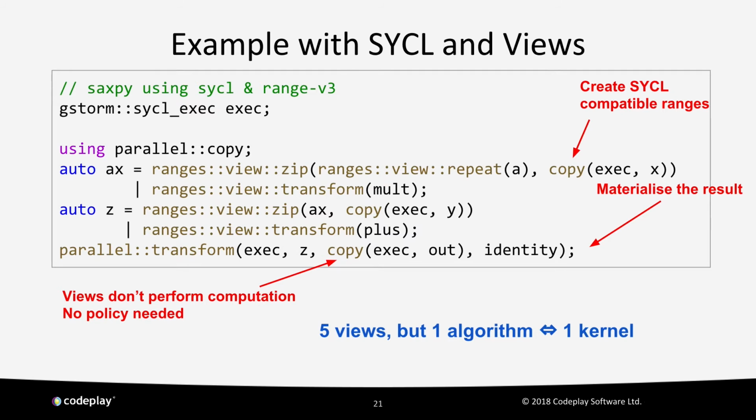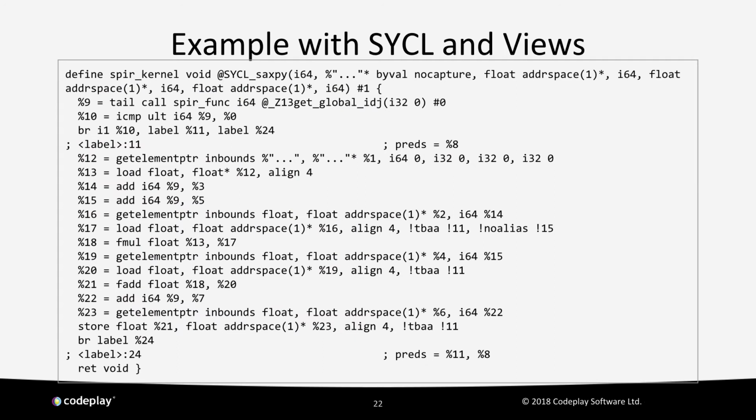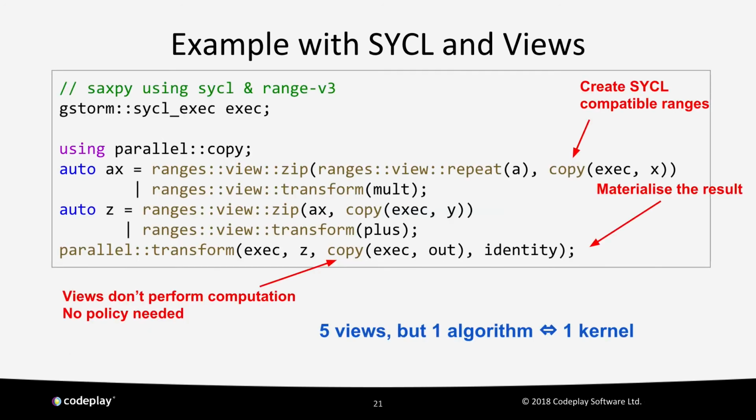Percentage-wise? I haven't got any numbers for you. This is what the output of that looks like. I'm not an intermediate representation expert, so I've had to consult with colleagues on this. But none of this is actually happening until you ask it to happen. So it'll only ever happen once, and that'll be on the GPU.